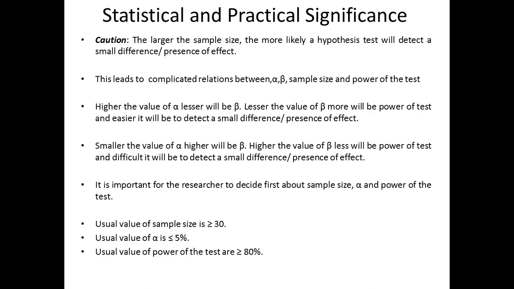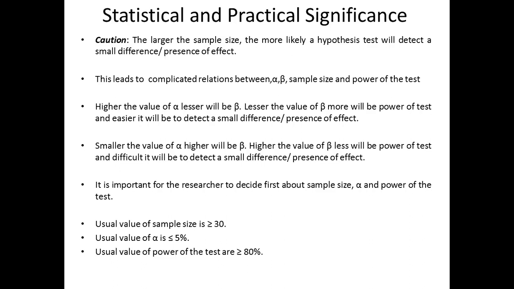Why does this happen? Because the larger the sample size, the smaller the sampling variations or sampling errors, and the better it represents the population. So the sample size matters a lot, and we have to be very careful about what sample size we take.